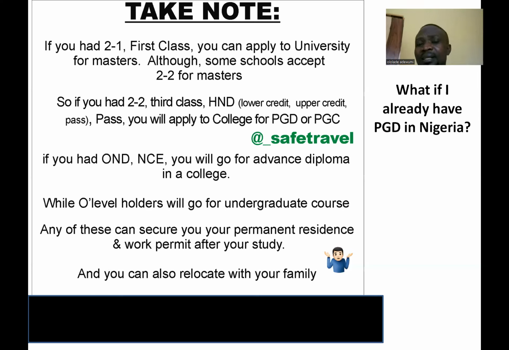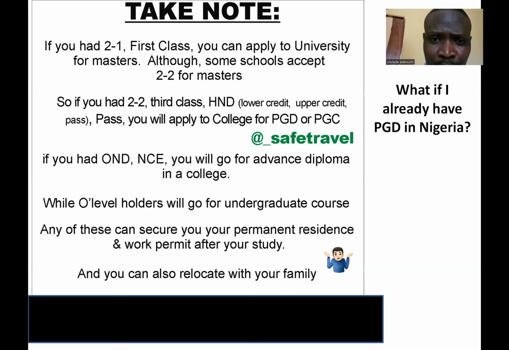So now we notice that it used to be very easy. You can do your research. It used to be very easy when you have 2-1, when you have first class. When you have 2-1 or first class, it can be very easy to get a master's degree admission.